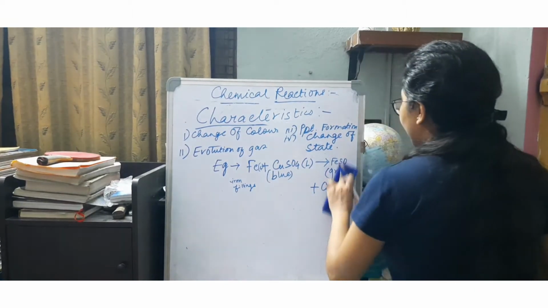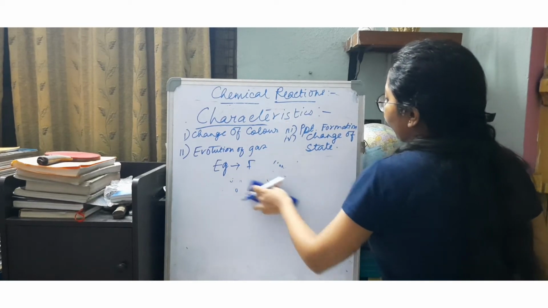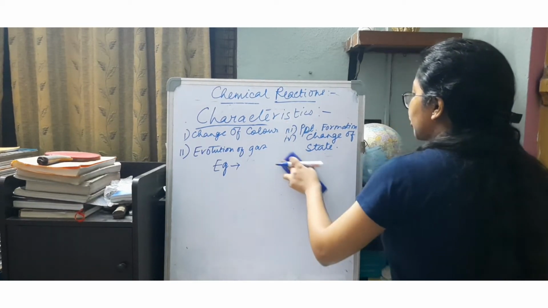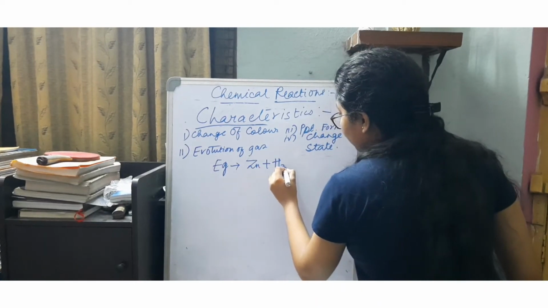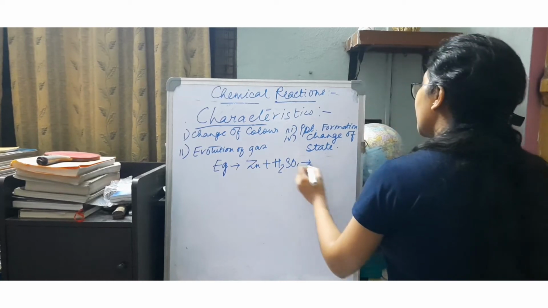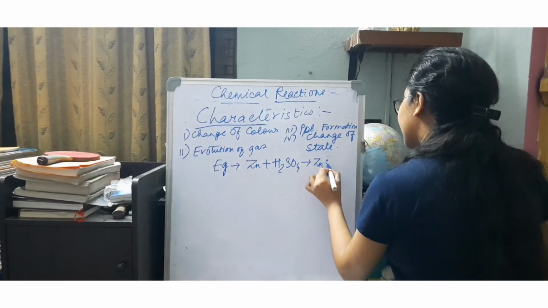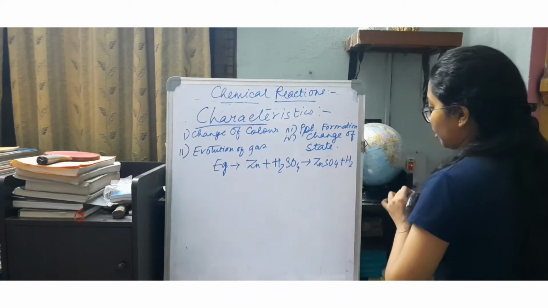So if we see a very simple example for that, like if we actually react Zn with H2SO4, you will see that the product formed is ZnSO4 plus hydrogen, right?